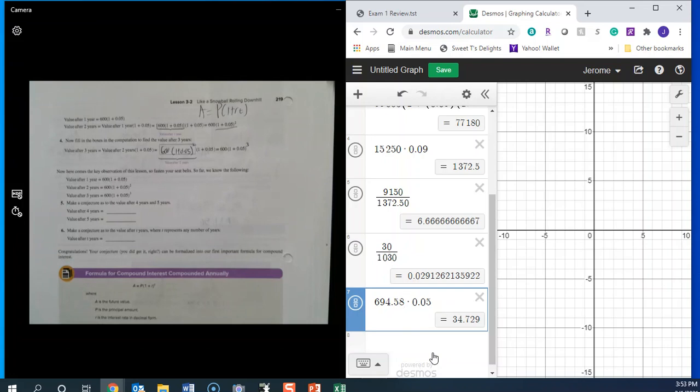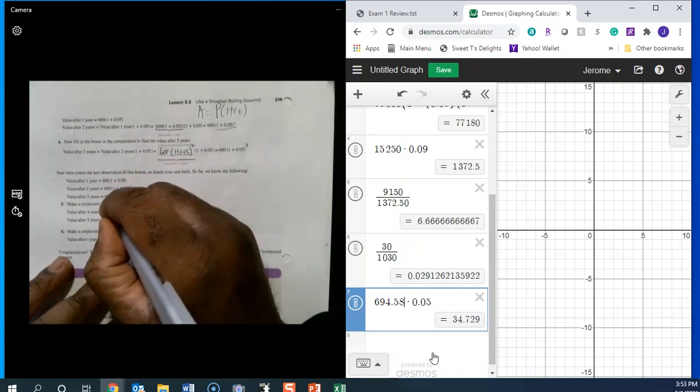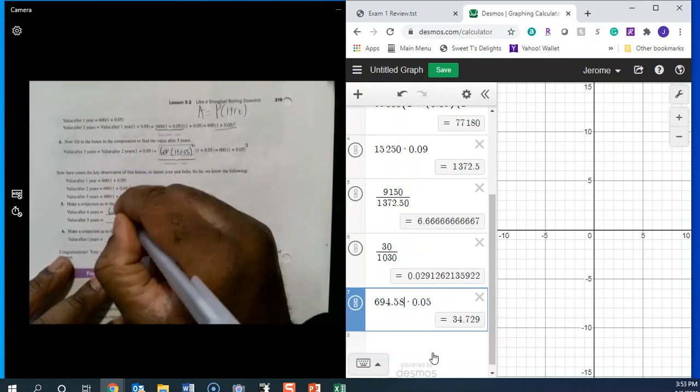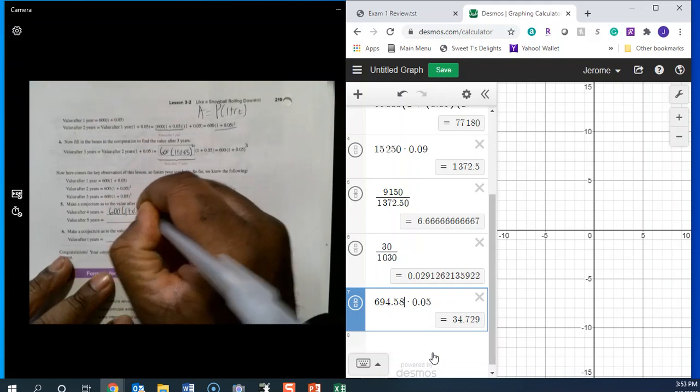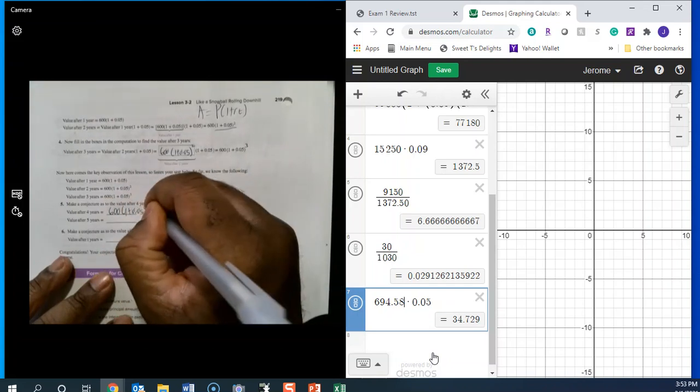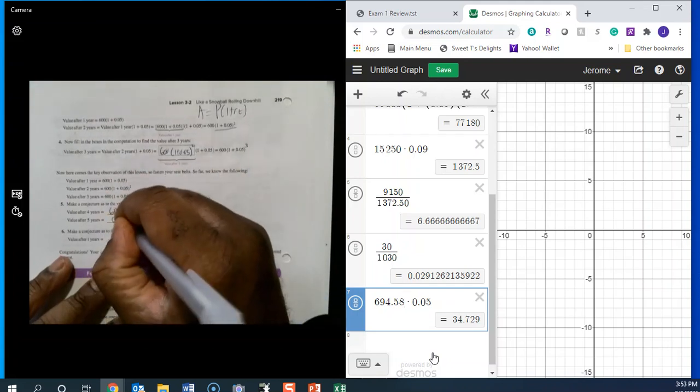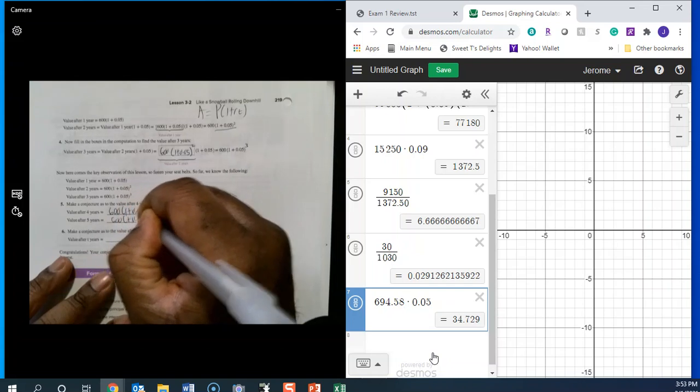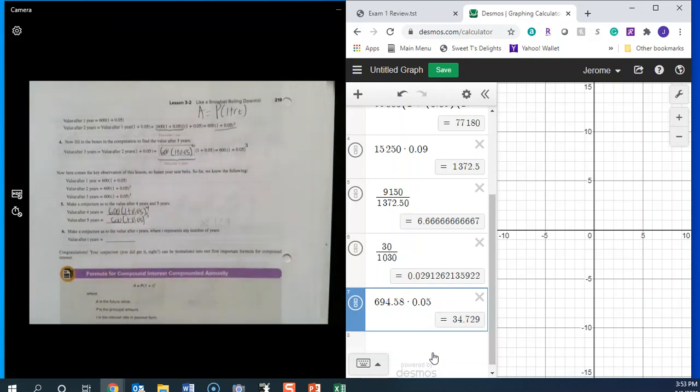It says make a conjecture as to the value after 4 years and 5 years. So I would think it still would be 600 times 1 plus 0.05, but this time it'll be to the 4th. Then the next time it will be to the 5th.